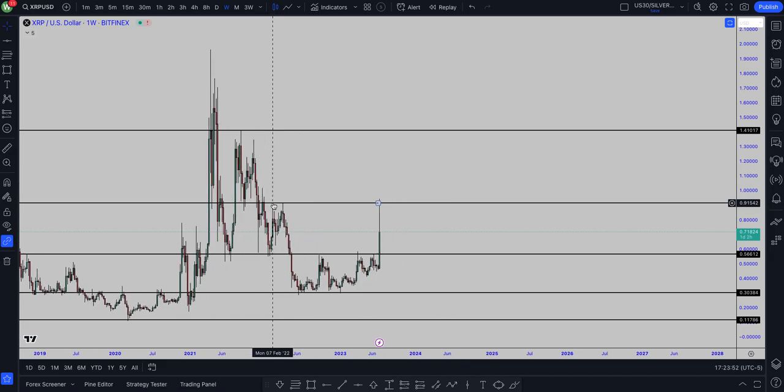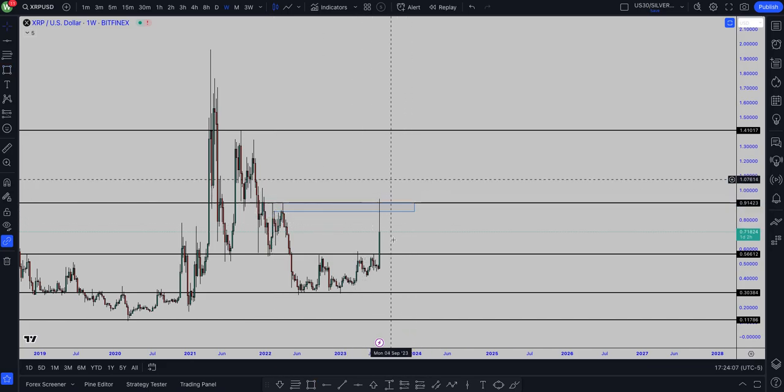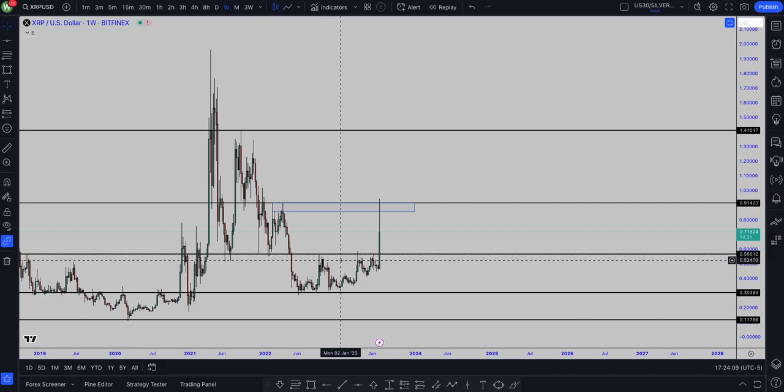So now on the weekly, what I think is gonna happen. Let's see. Market came into the zone. We saw the market come into the zone, and what happened? Pushed back out, rejected it. There's another zone right here, and we've seen the market has broken this area.